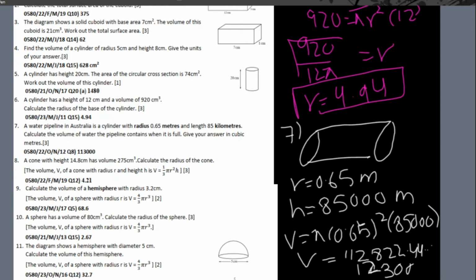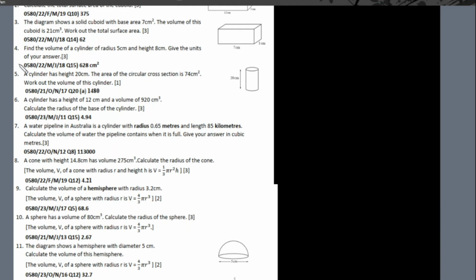No, I've rounded it off wrong. I have to round it off to 3 significant figures. So this becomes 113 and the remaining numbers before the decimal become 0. Okay. Question 8.